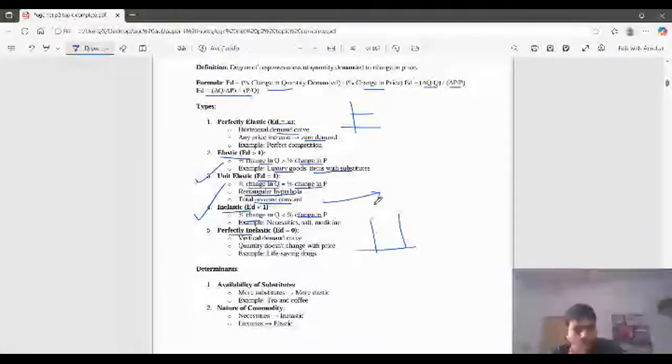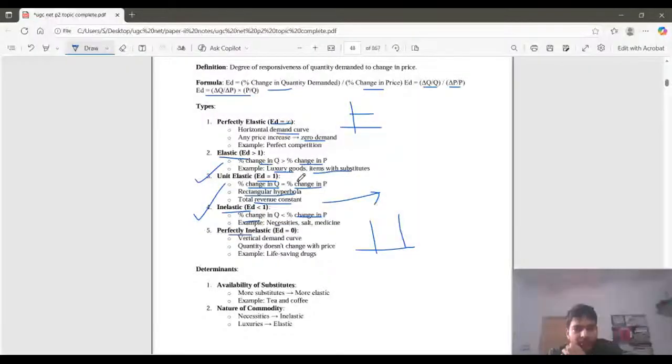In inelastic demand, one is greater than ED, which means the price change is more than the quantity change.